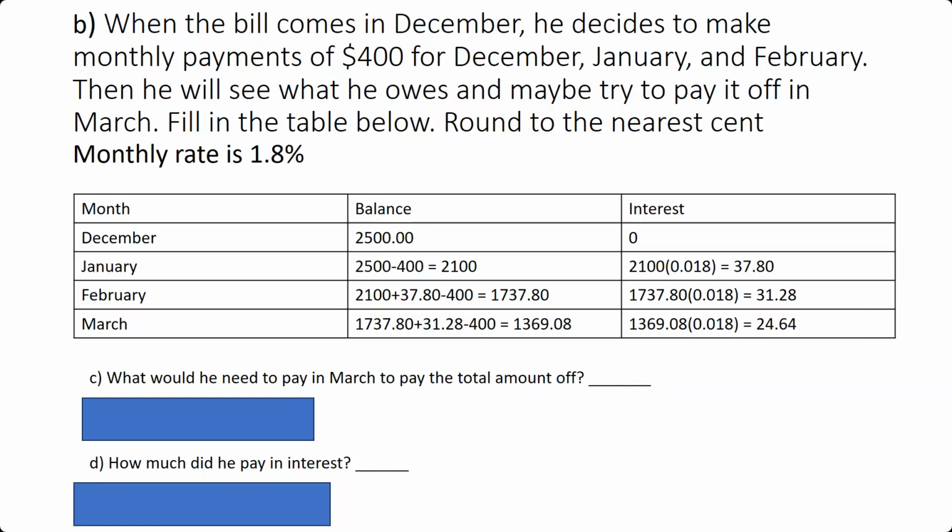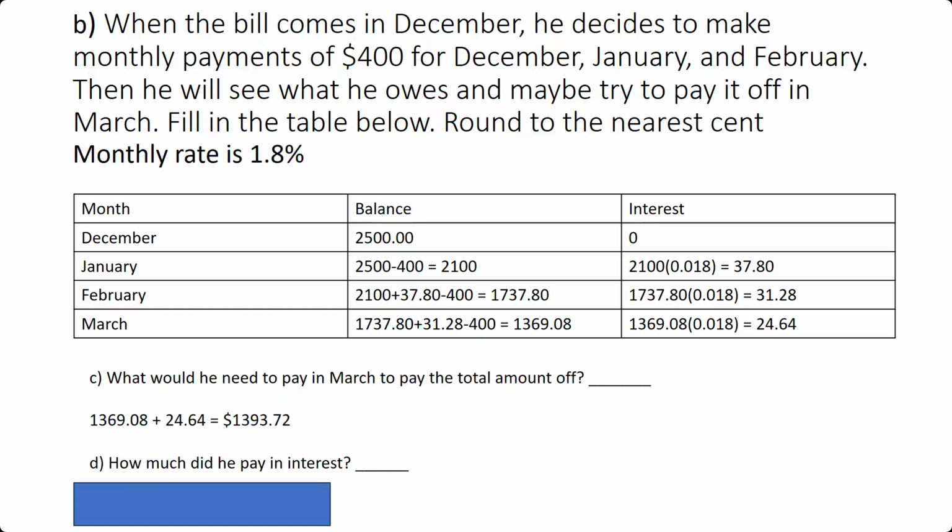What would he need to pay in March to pay the total amount off? So if we want to know what he'd have to pay in March, how would we find that? Anyone? March. Yep. So in March, when a statement comes, it will say remaining balance 1369.08 plus 24.64 interest. If you pay both, then you're not charged any more interest.